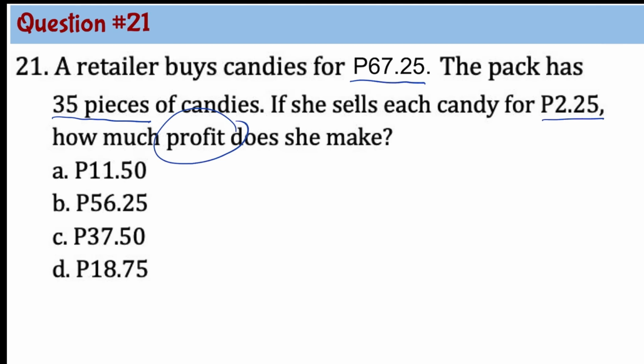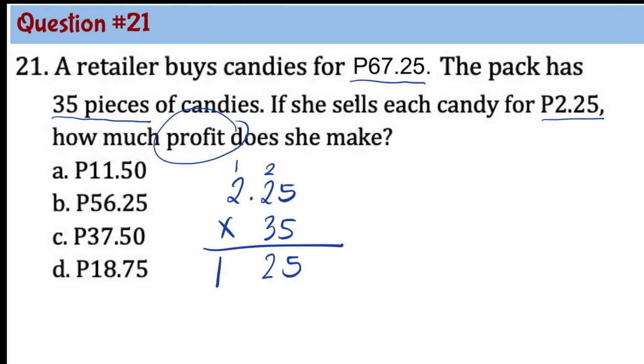First, we know that there's 35 pieces of candies, and she sells them for 2 pesos and 25 cents. So to find the total sales, we need to multiply 2.25 by 35 pieces. So 5 times 5 is 25, carry 2. 5 times 2, 10, plus 2, 12, carry 1. 5 times 2 is 10, plus 1 is 11.